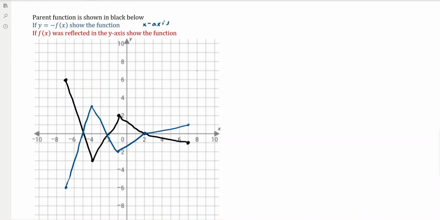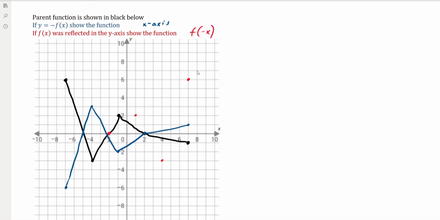Awesome. Now what we're going to do is reflect f of x in the y-axis. So this is doing the opposite. So another way to show this is to show f of negative x. So reflecting over the y-axis means reflecting in the horizontal direction. So the top point reflects to there. This point is only 1 away. This point is 2 away. This point is 4 away.